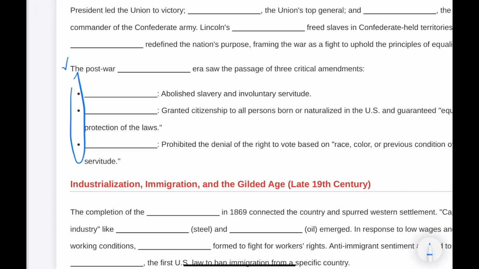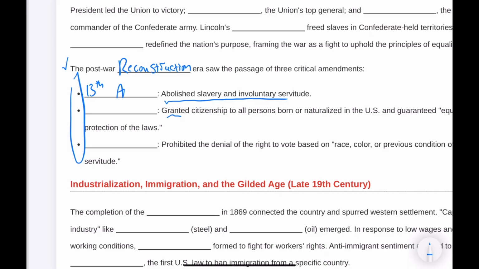The post-war blank era saw the passage of three critical amendments, and that was the Reconstruction era. All right, so here we go. This abolished slavery. What was that? That was the 13th Amendment.